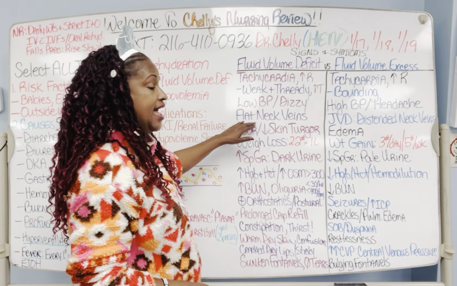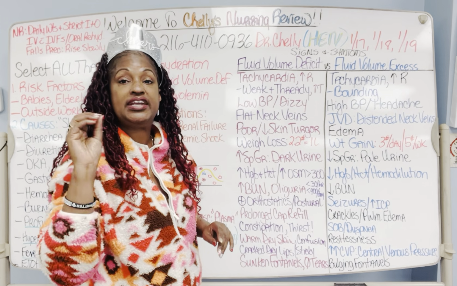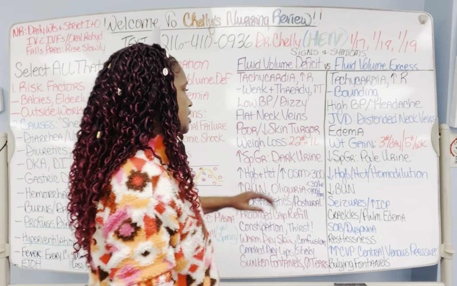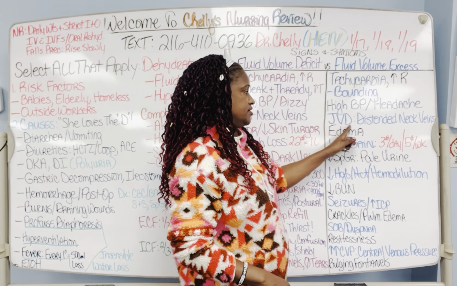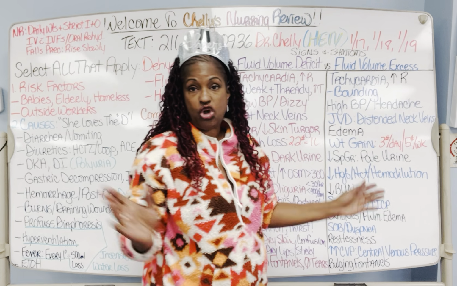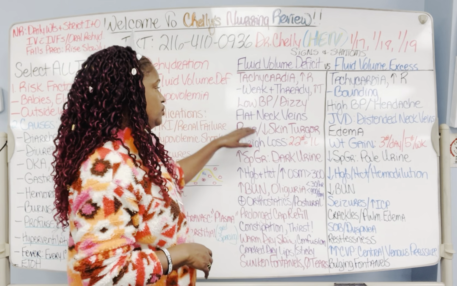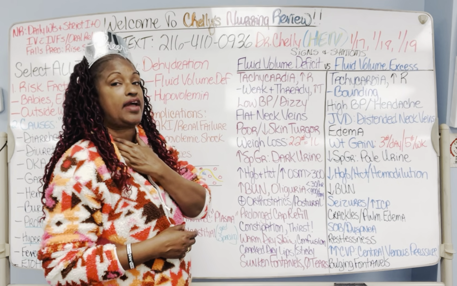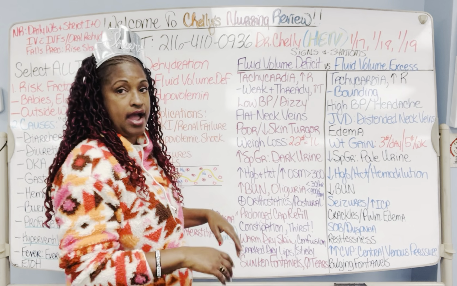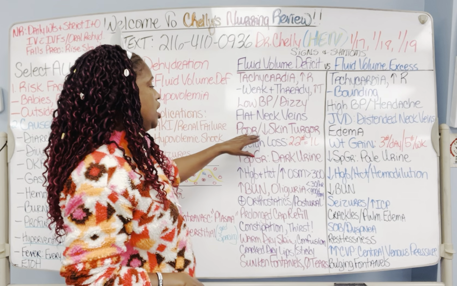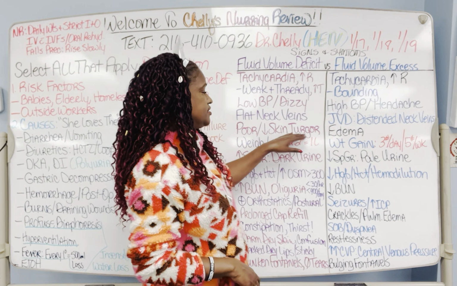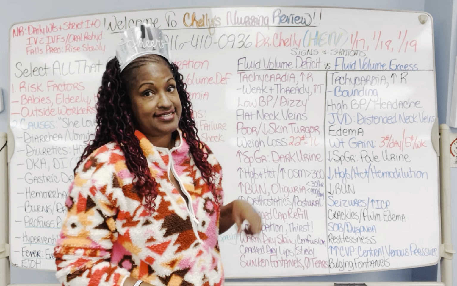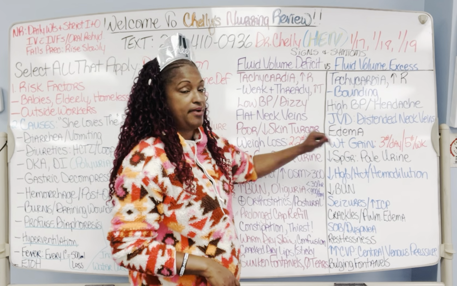All right, flat neck veins, especially when lying down. Jugular vein distension, distended neck veins, total opposite, right? Fluid volume deficit, you ain't gonna see no veins. I told you, barely can find a vein for an IV. Poor or decreased skin turgor is the exact opposite of edema.